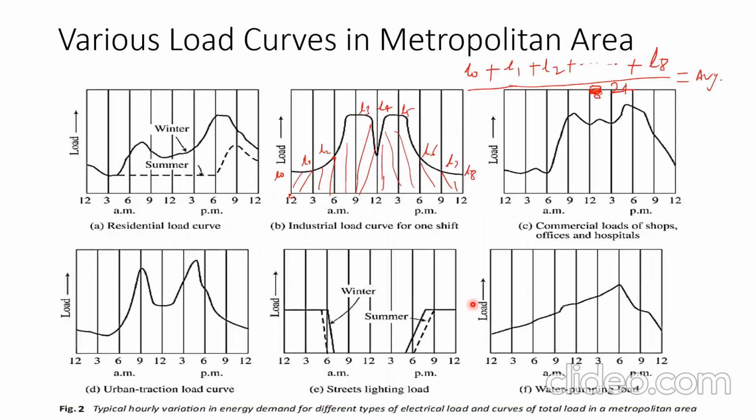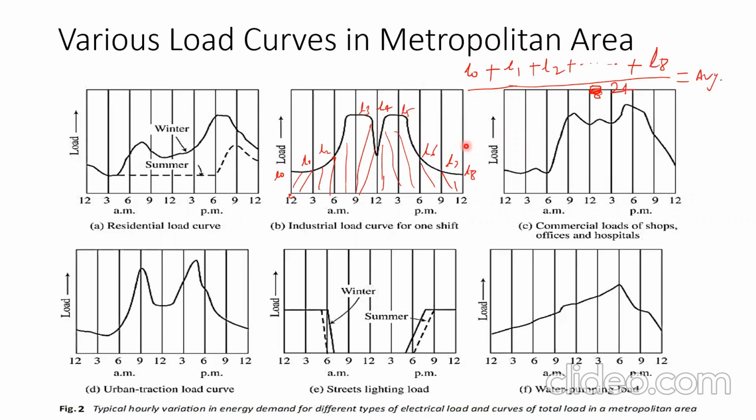If you observe here, the maximum demand or peak demand of the residential load curve is at around 9 a.m. in the morning and 6 p.m. in the evening, but the maximum demand of the industrial load is from 8 a.m. to 11 a.m. and from 1 p.m. to around 5 p.m. This is what the time distribution of maximum demands means, they are different.